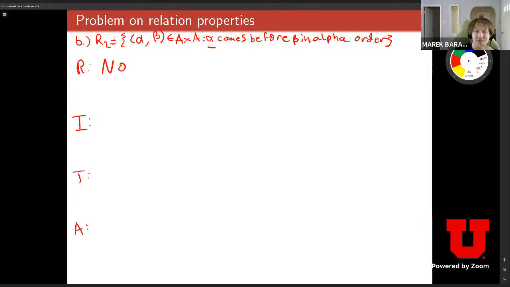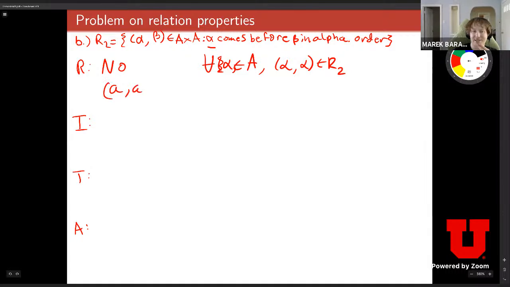If we remember, this is for all alpha in the alphabet, alpha is in the relation. And A does not come before itself, so this is not in the relation.